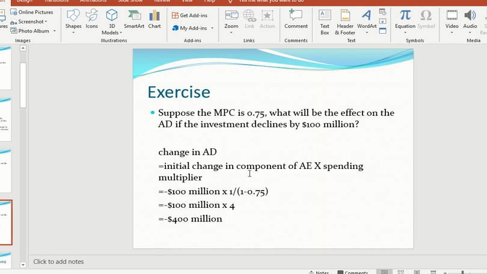The initial change in this case is a $100 million decline in investment, so we have negative $100 million here. And then the spending multiplier, 1 over 1 minus MPC, gives us a spending multiplier of 4. So the aggregate demand declined by $400 million.